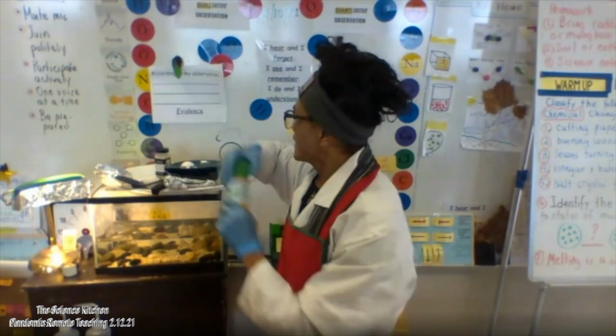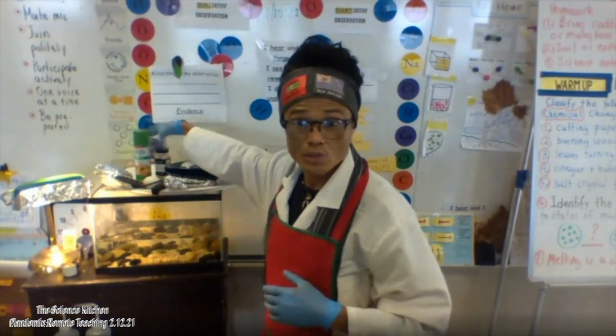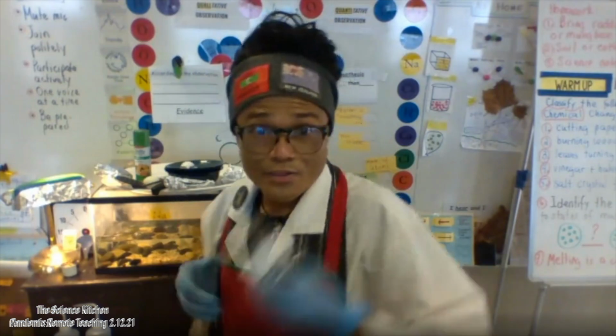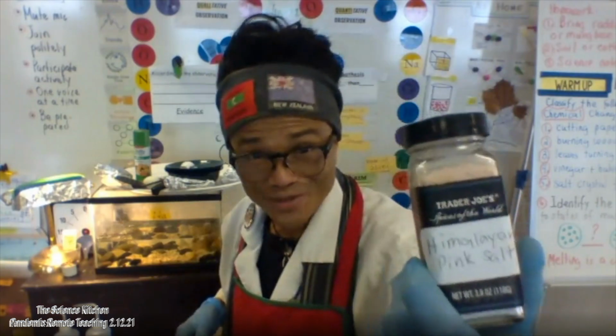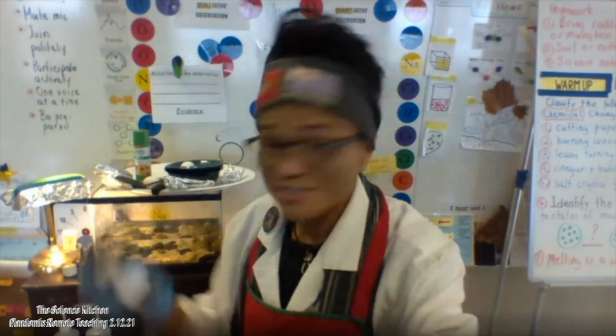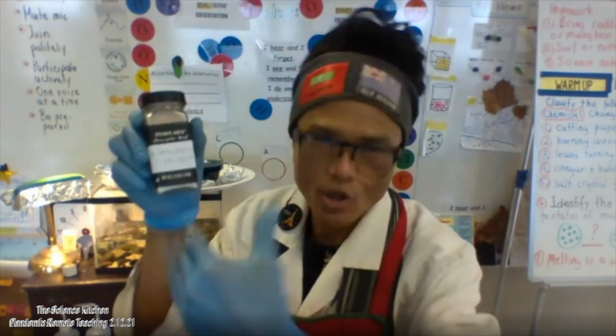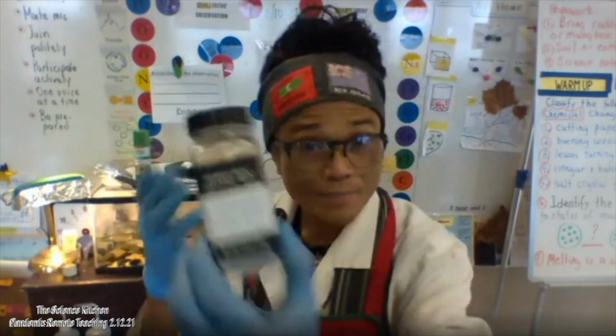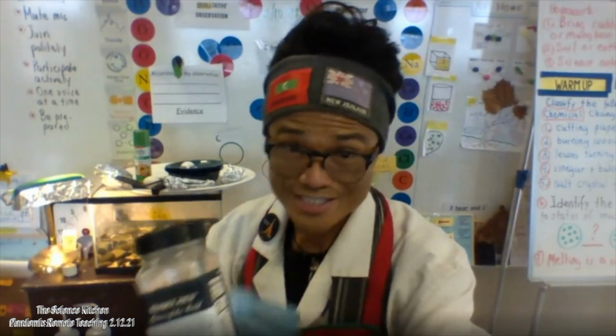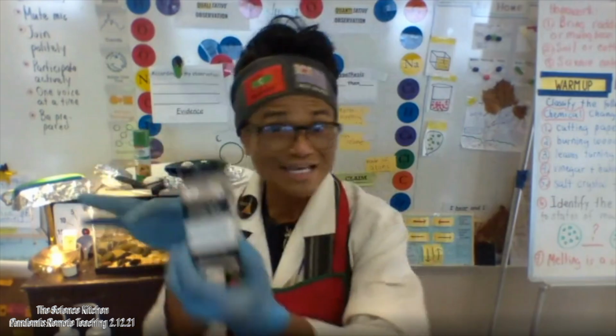Needed. And somebody already told me that there is salt. Okay, salt to taste. This is Himalayan pink salt. It's also a salt, but Himalayan pink salt is a bit more nutritious. There are extra nutrients in pink salt.